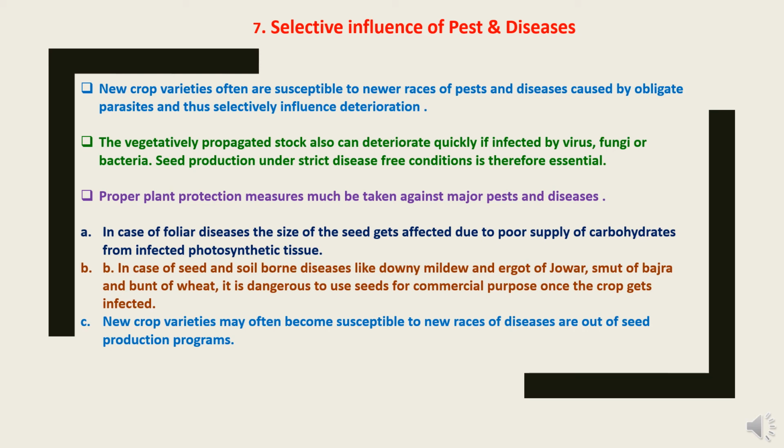In case of seed and soil-borne diseases like downy mildew and ergot of jowar, smut of bajra and bunt of wheat, it is dangerous to use seeds for commercial purpose once the crop gets infected. New crop varieties may often become susceptible to new races of diseases or go out of seed production programs.